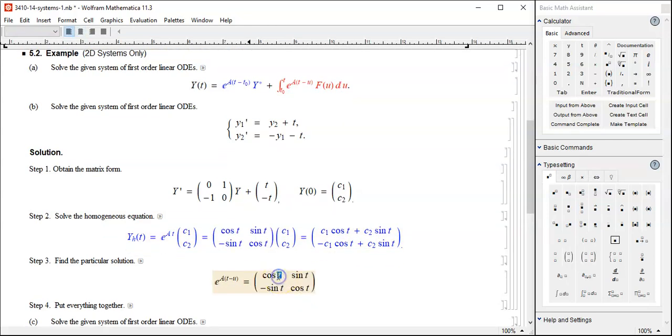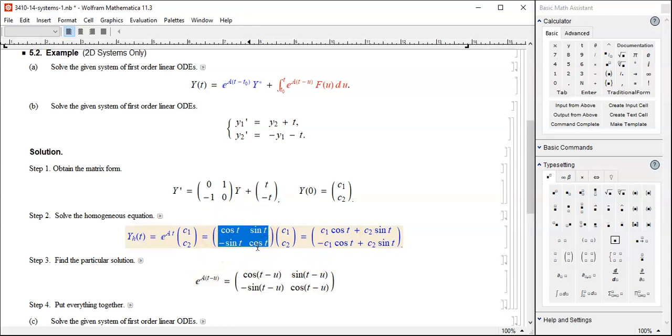So here, in place of t, I'll have to replace everything by t minus u. Is everybody with me here? Why am I replacing t by t minus u? So this is the matrix exponential e to the A t, but in place of t, I have t minus u, so I take the appropriate substitution.